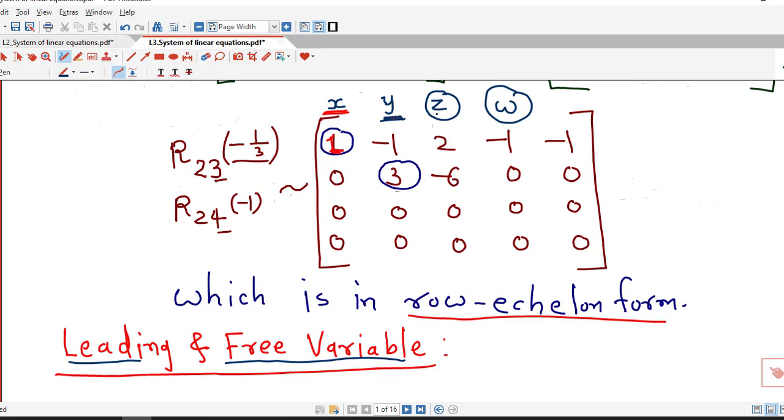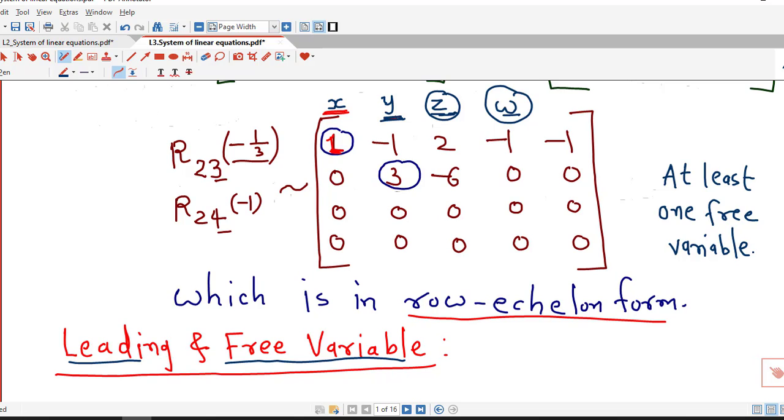So here we obtain 2 free variables and 2 leading variables. Now if the system has a solution, and if there exists at least one free variable, then the system will have infinite number of solutions.